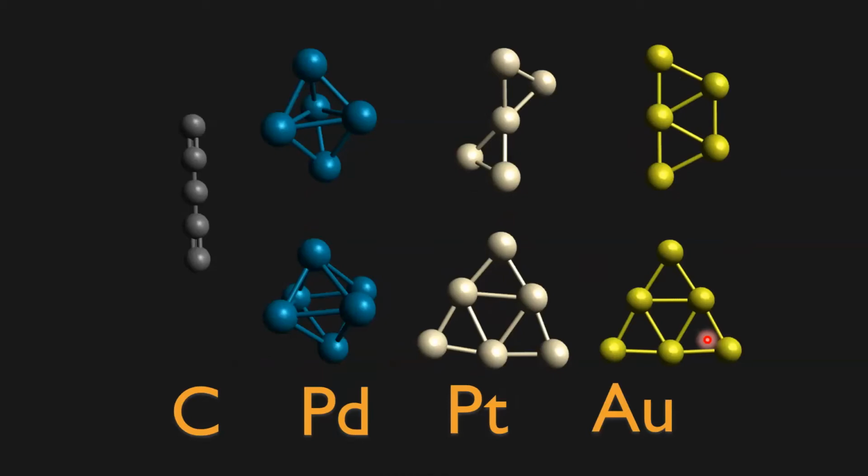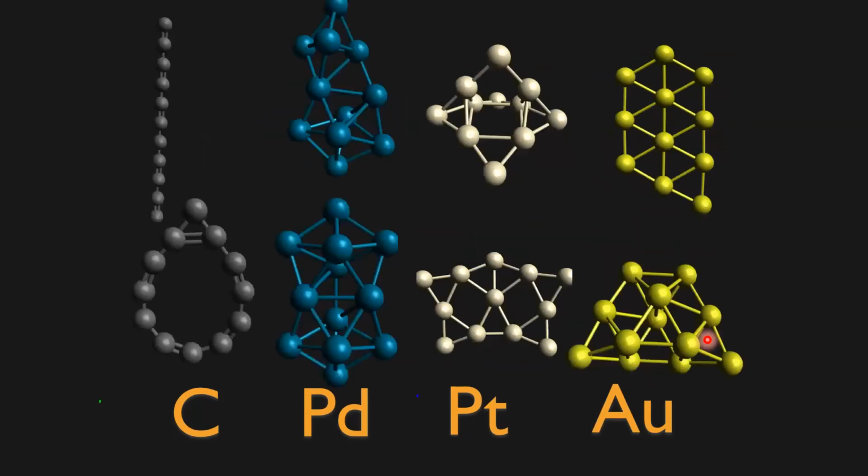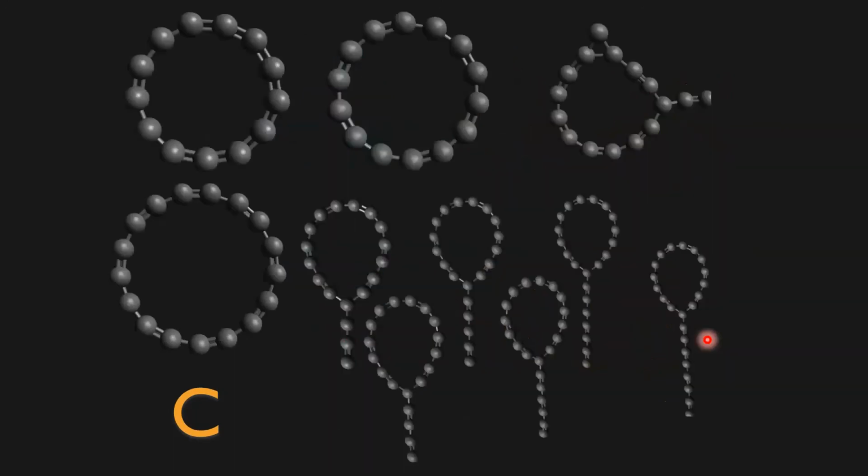Palladium has already become a 3D geometry, whereas platinum and gold have planar geometries at this size. Carbon becomes linear, then a ring, then at some point a coranulene type, and then the fullerene. But those are very challenging, and it will require a lot of calculation to reach the number 600. We have not done that yet.